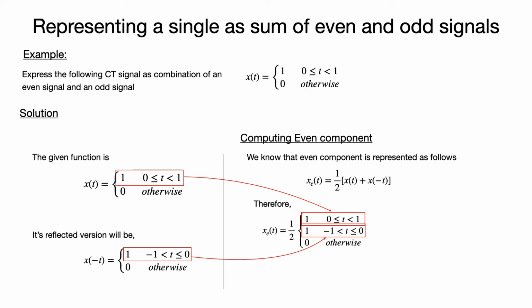Both have different regions, that is why we will write them separately. And the next is 0 for all other regions. Now we multiply 1/2 inside the bracket with 1, the magnitude of x(t). So from 1 we get the value 1/2 and 1/2.